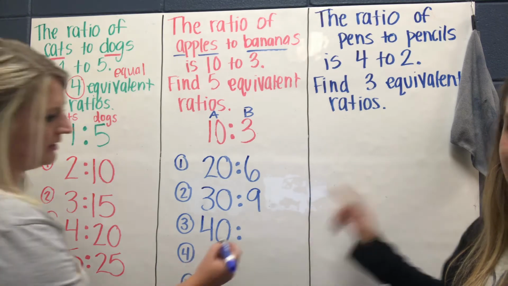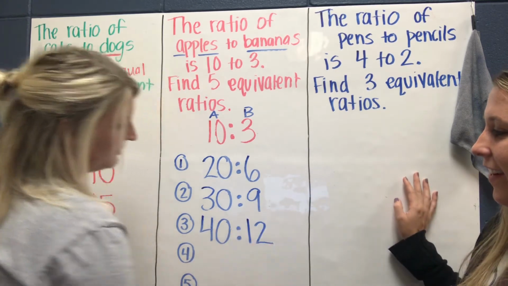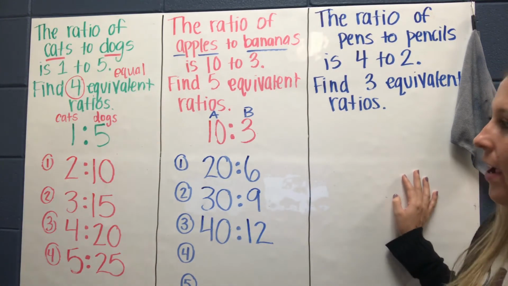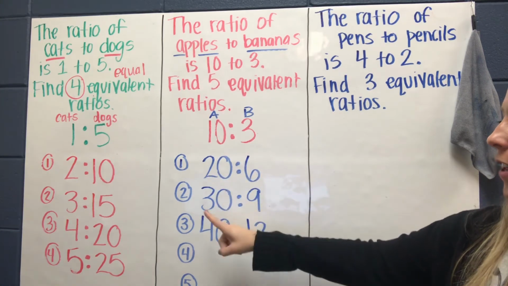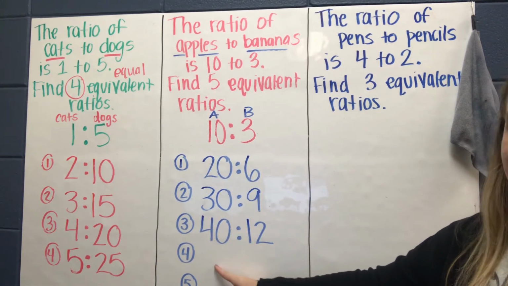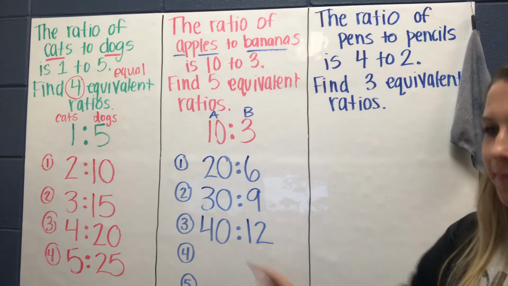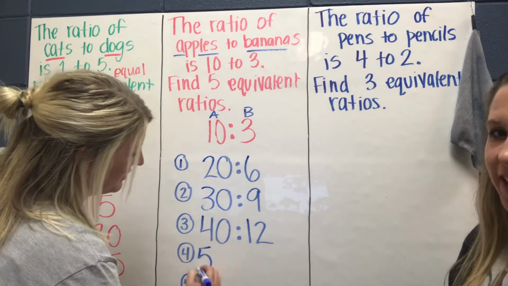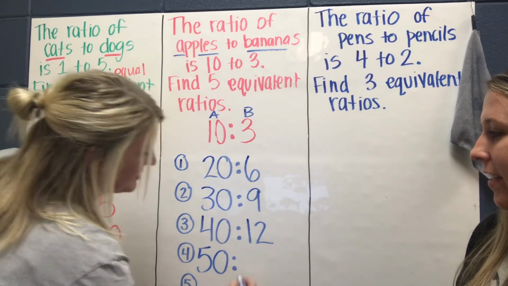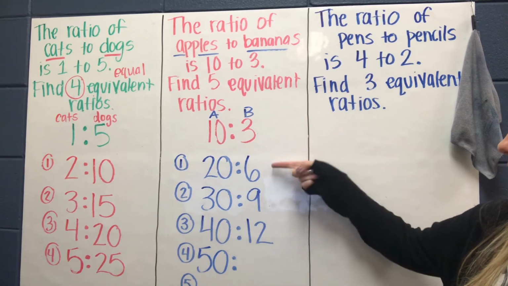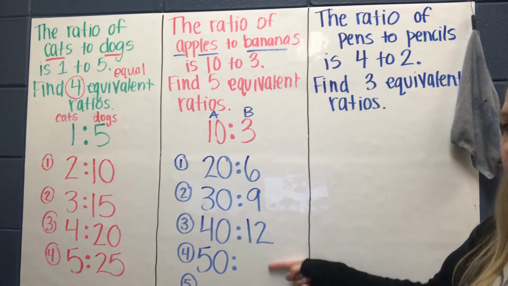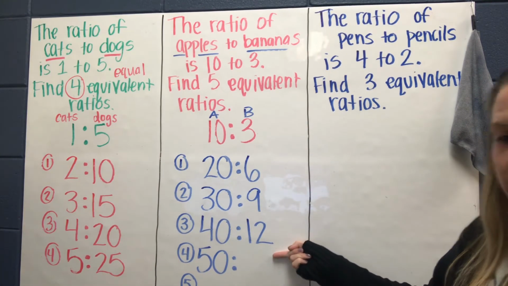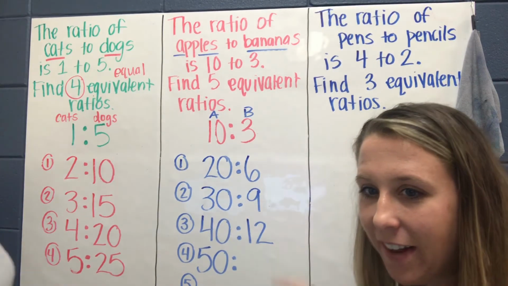Yes, good. All right. 10, 20, 30, 40. Good. Y'all are good at jumping between the two multiples. Then we have 3, 6, 9, 12. Almost, I see.